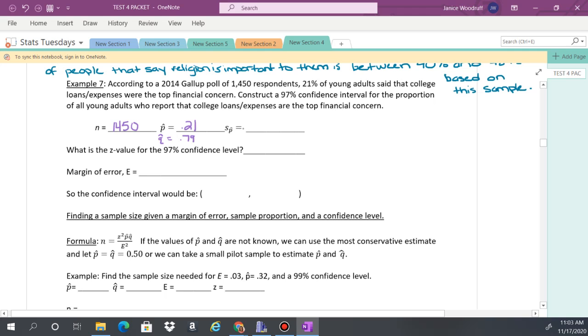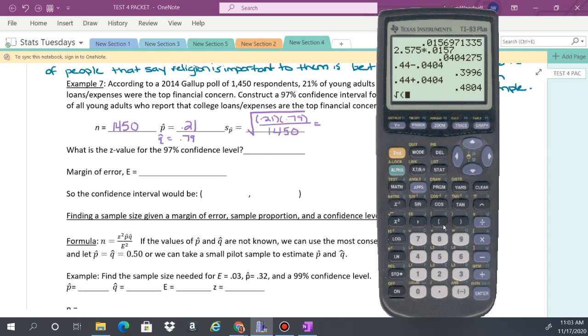The standard deviation of p hat is going to be the square root of p hat, 0.21, times q hat, 0.79, over our sample size, 1450. So let's go ahead and get that number. So square root, parentheses, 0.21 times 0.79, close parentheses, divided by 1,450, close, 0.0107.